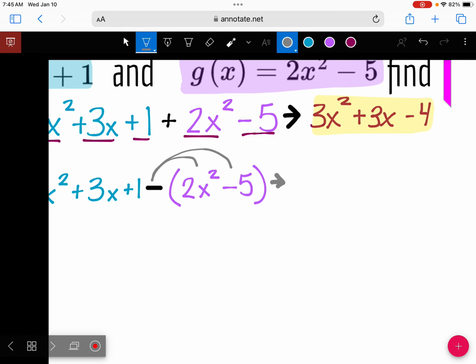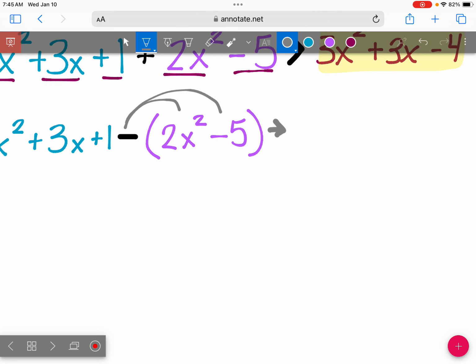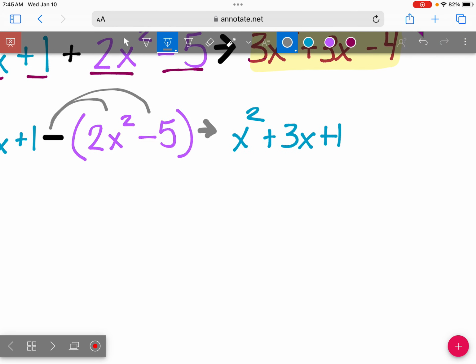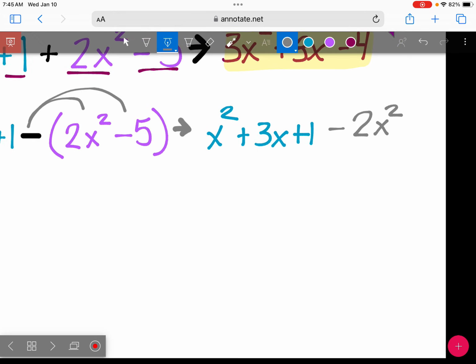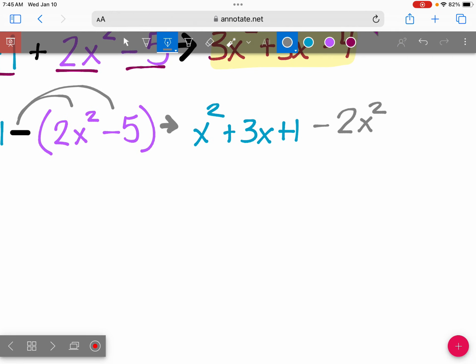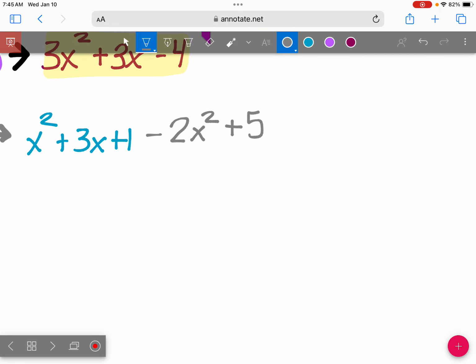So we're going to have our x squared plus 3x plus 1. And we're going to take away minus 2x squared. And then what's going to happen with the 5? Is it going to be minus 5 or plus 5? Plus 5. Negative times a negative is a positive. So we distribute that minus sign through. And then we're ready to rock and roll.